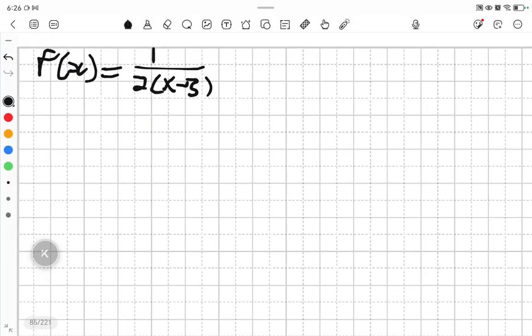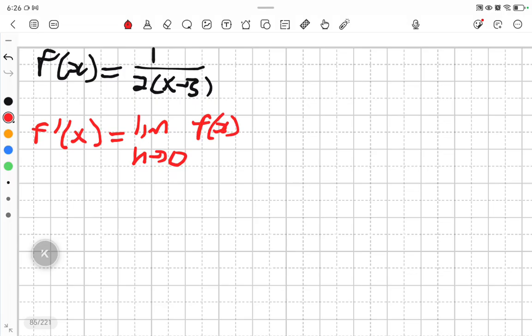And we are told that we should find f prime of x, which is equal to the limit as h approaches 0 of f of x plus h minus f of x, all over h. You see, right? Then we are told to find this. So we know we have f of x, right? Now we need f of x plus h.